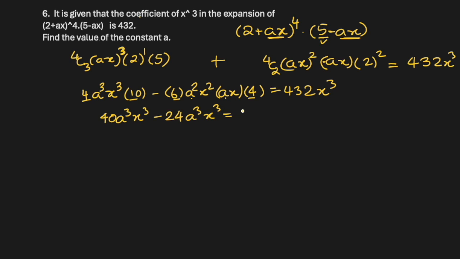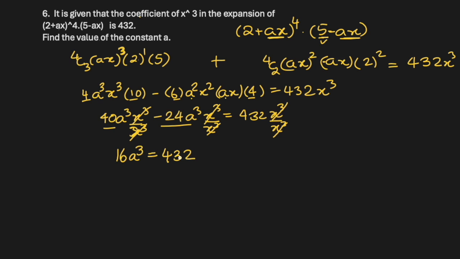Both of them are x cube now, and we don't need x cube actually. We can get rid of this by dividing all the terms by x cube so that they are gone. 40 a cube minus 24 a cube is 16 a cube. 432.